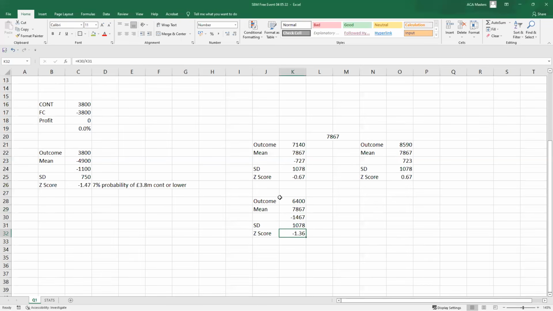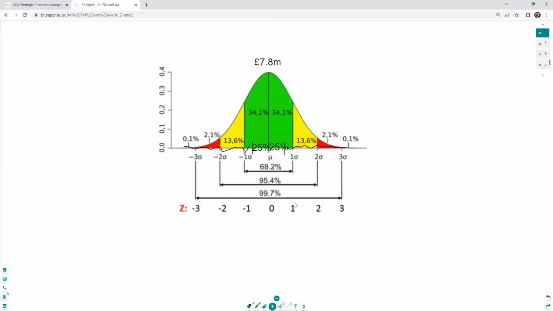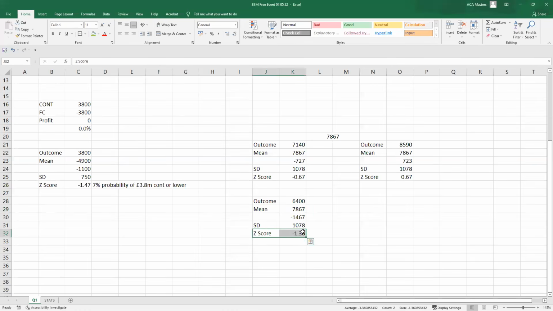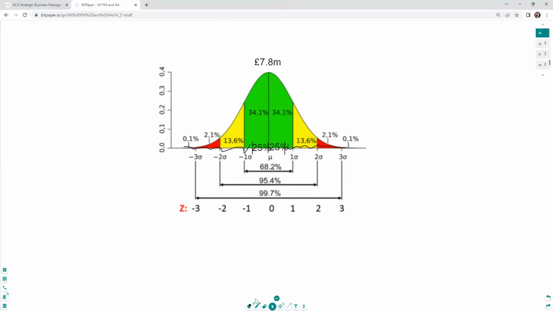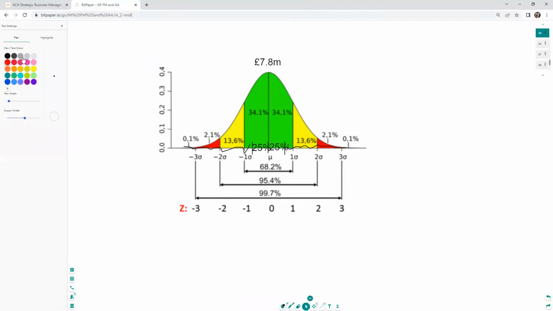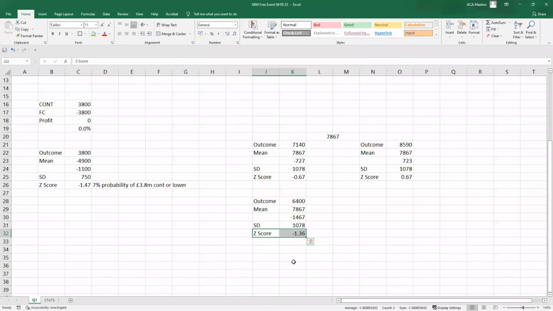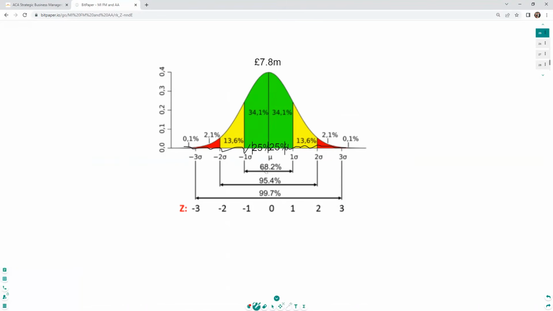In order for London to make a loss, it'd have to have 6.4 million of contribution, which is 1.36 below the mean, probably about here. So again, you might want to sense check that.